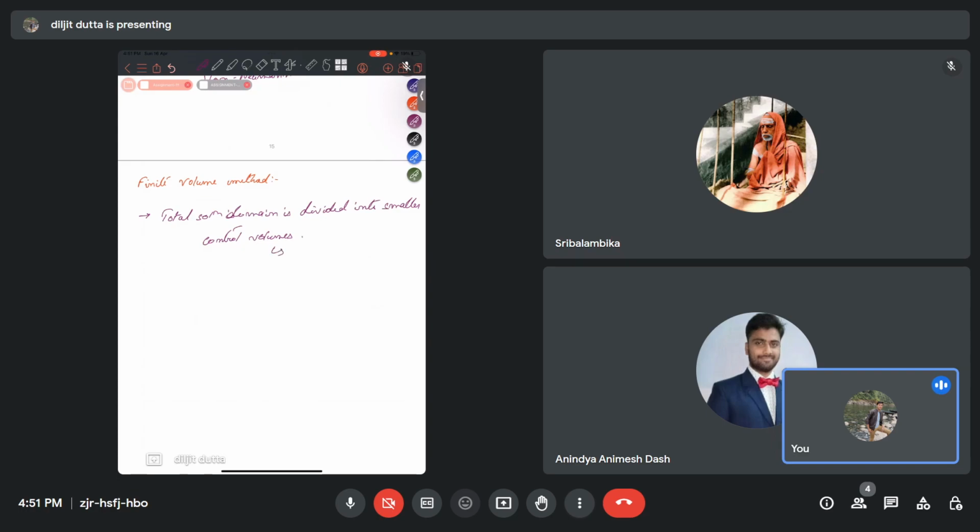And these control volumes can be rectangular or simple quadrilateral.